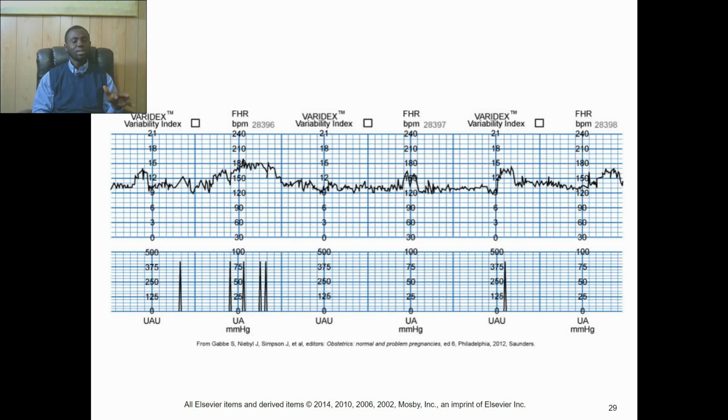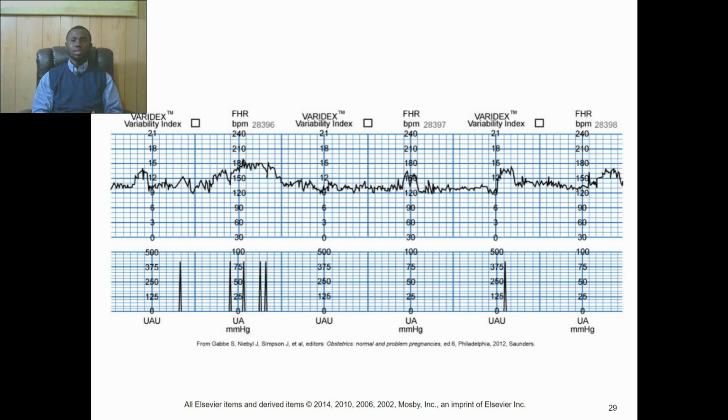So you will establish a baseline heart rate, and then after the stimulation, you are going to assess to see if the heart rate will rise above the baseline at least 15 beats per minute. So if the baseline was 120, then you expect the heart rate to go above 135, which will be the 15 beats per minute increase, and it should last for at least 15 seconds.